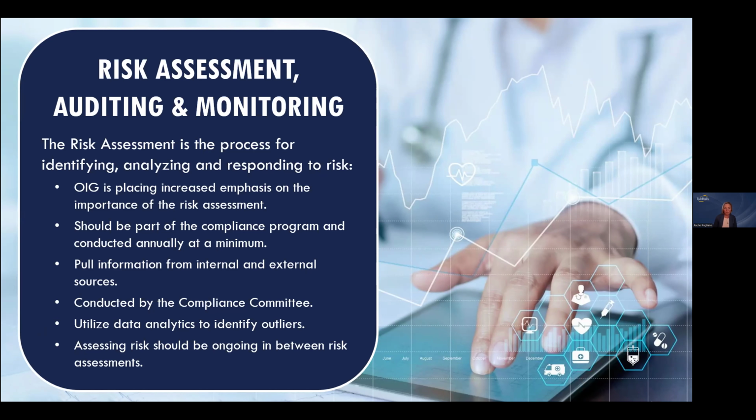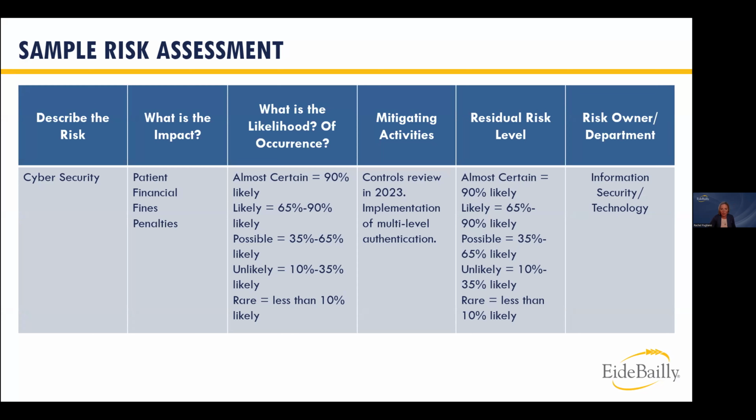I did include a sample risk assessment summary, and this is really just to take that information around the risk and then determine what is our level of risk after we consider the likelihood of the occurrence happening, what mitigating activities do we have in place, what is the residual risk once we look at those mitigating activities, who is the owner of that risk, and this is just to help prioritize what those risks might be.